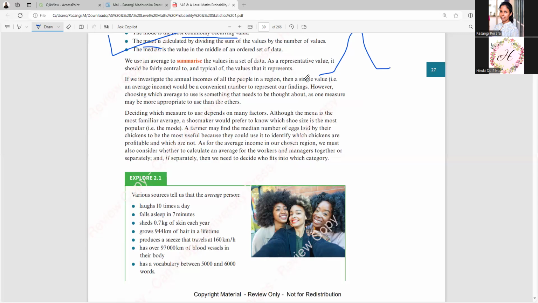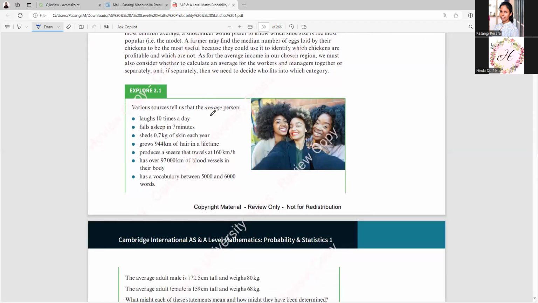However, choosing which average to use needs to be thought about, because we have three measures. We should read the given context and identify which average will be applied there. We need to select it according to the context, as one measure may be more appropriate than the others.